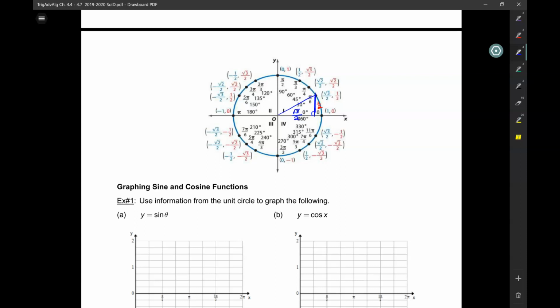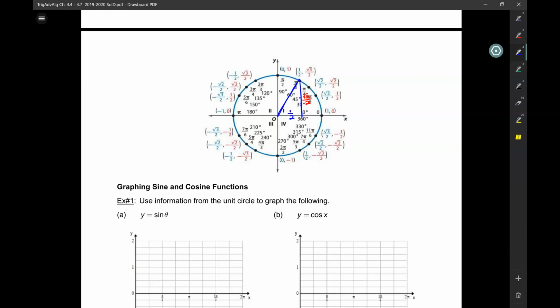If I were to draw the 60-degree angle here, or pi over 3, now the vertical side is √3/2 and the horizontal side is 1/2. So the cosine is 1/2 and the sine is √3/2.